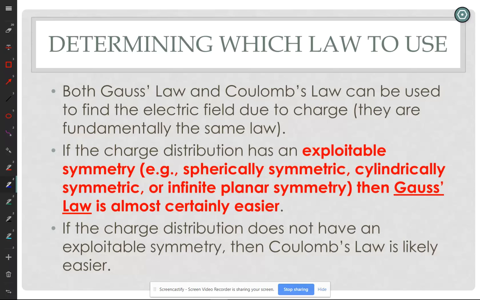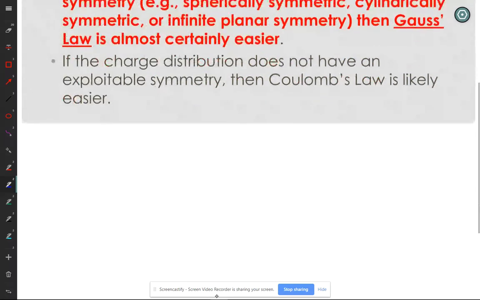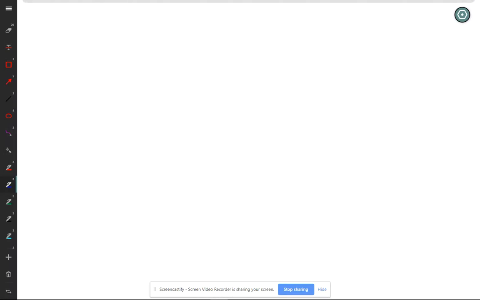So how do we choose if we're going to use Gauss's law or Coulomb's law? Well, first of all, Gauss's law and Coulomb's law are fundamentally the same. Coulomb's law is easily derived from Gauss's law. So let's just quickly review what Coulomb's law and Gauss's law are to make sure we understand that.